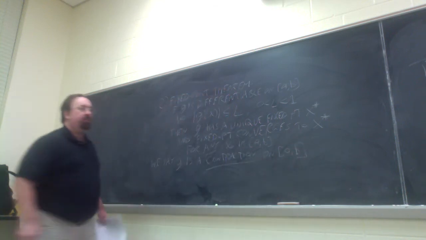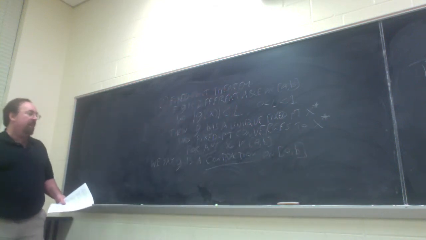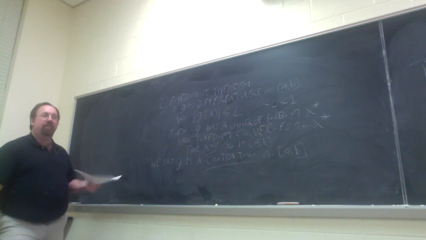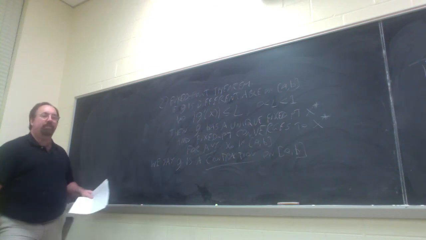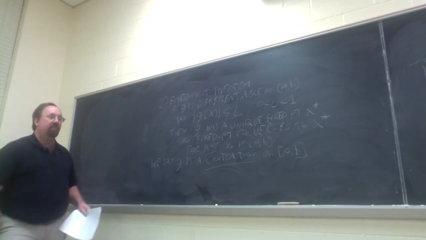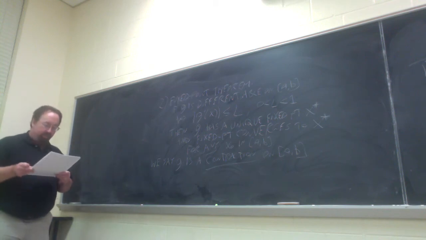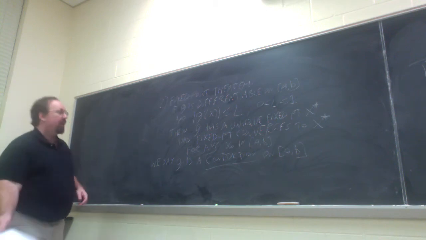Okay, that's where the name of the contraction mapping theorem comes from. So that's what we want. We want to rewrite our original equation f(x) equals 0 as an equation of the form x equals g of x, where g is a contraction. If we are able to do that, then we can go ahead and use fixed point iteration and solve the original equation. Okay.